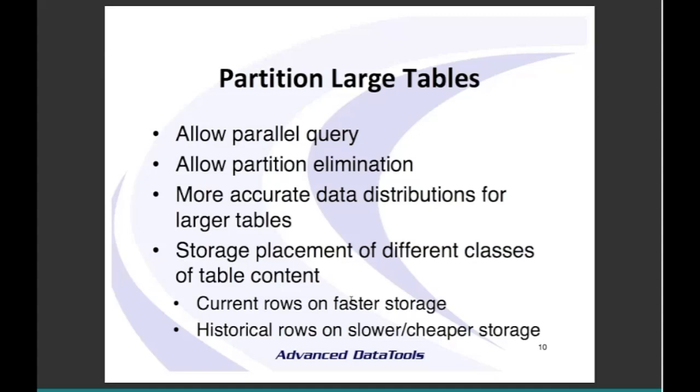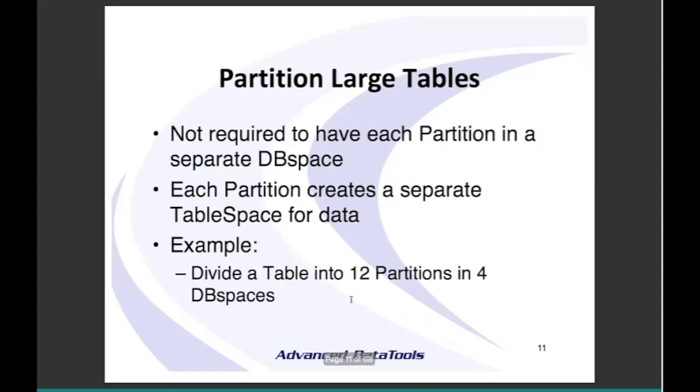Now, you don't need to have a partition in a separate DB space. Back when fragmentation first started in version 7, you could only fragment by DB space. For the current scheme, and this is why I like the word partition better than fragment, you divide a table up into partitions. It's one table, but each partition has its own table space for data.